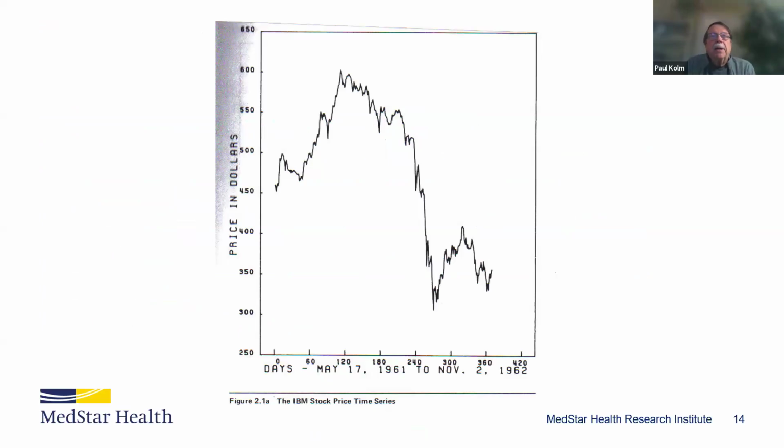And so here's an example of a time series of IBM stock prices over a certain period of time. You can see that there are minor fluctuations, and then there's a big decrease at around day 260 or so.